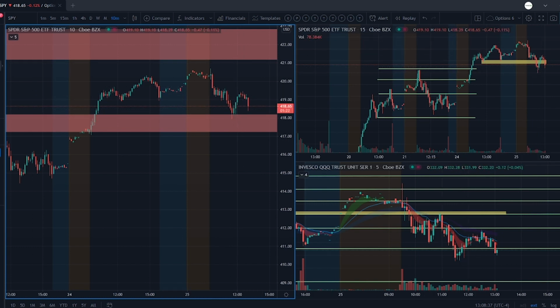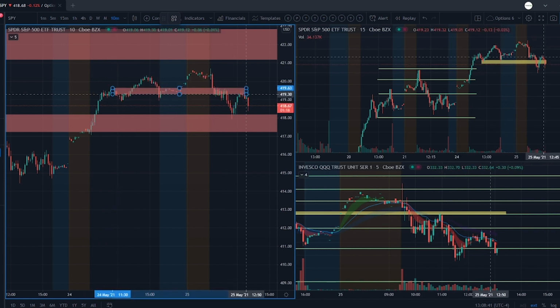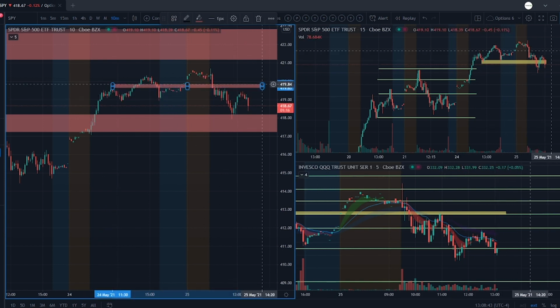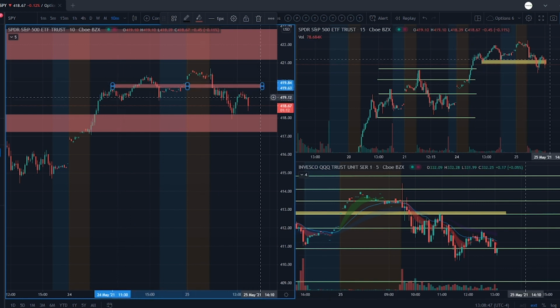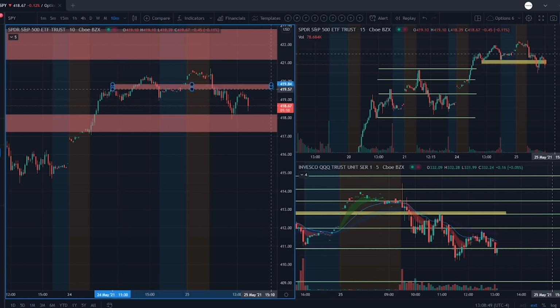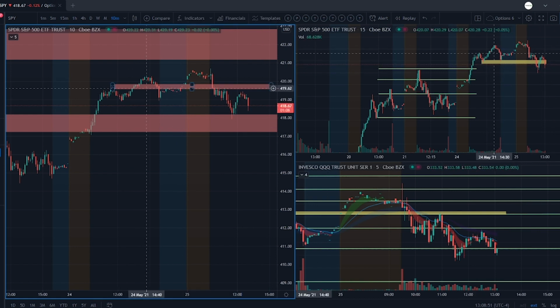Now, on the intraday, what we could do is find areas of prior interest, right? This prior top right here could be identified as well. And these areas are going to be used as support resistance areas, meaning that now that we are above this level, we want to see if it's going to hold support for the upside.